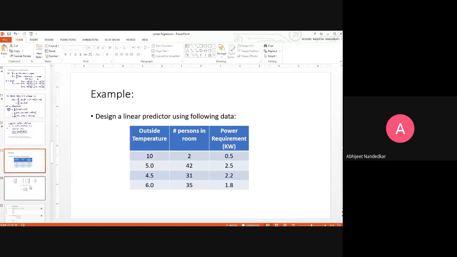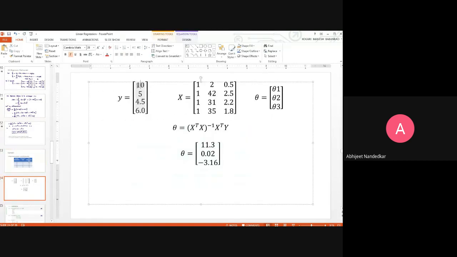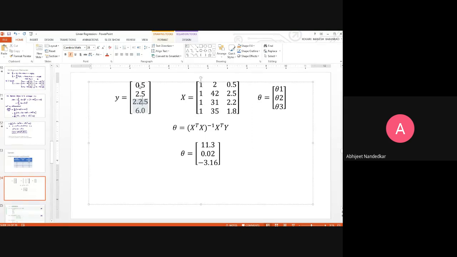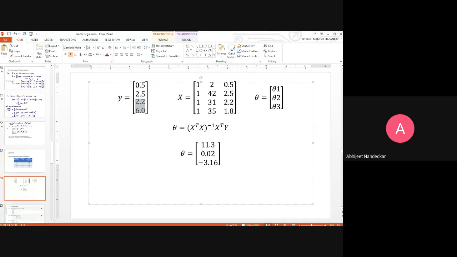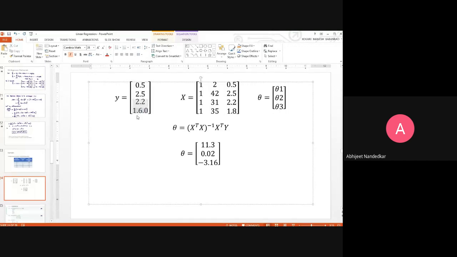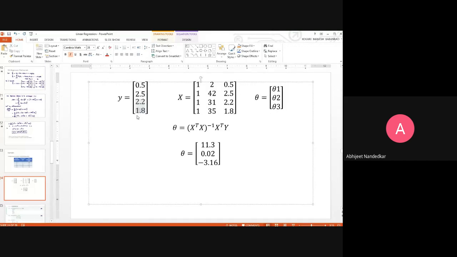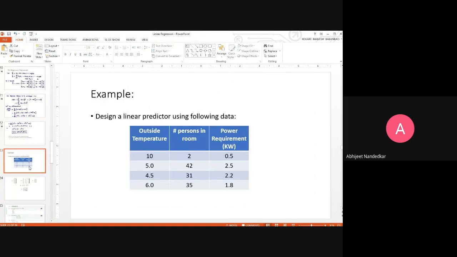So this should be 0.5, then 2.5, then it should be 2.2, and 1.8.